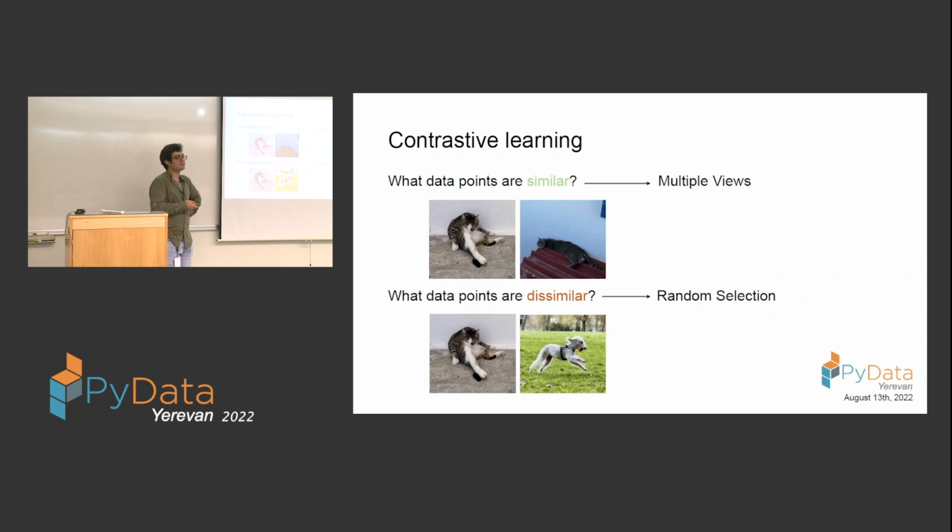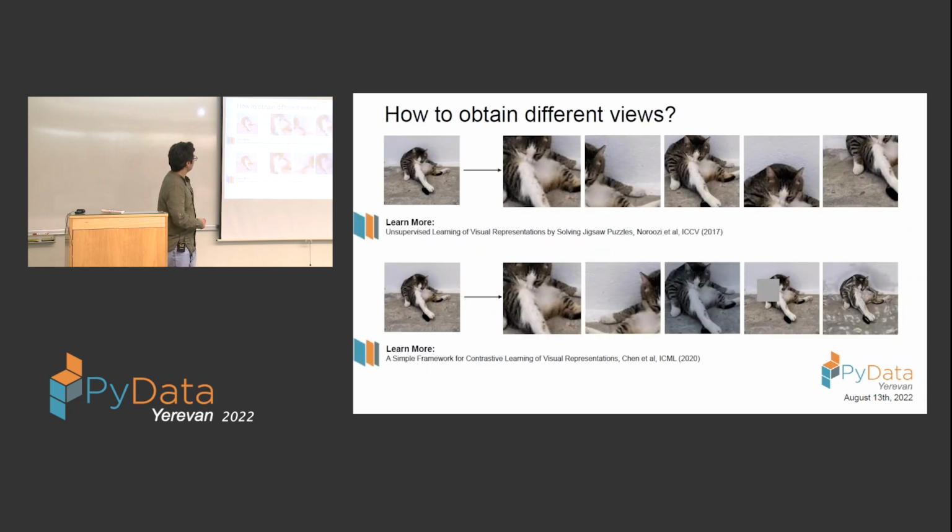There are lots of techniques for it. But let's say I can just get this input and crop it and resize it in different areas. This one is still the same cat, and most probably they are similar in that domain, right? Or I can augment this one, crop it, rotate it, put some noise in. But it's still the same cat, right?